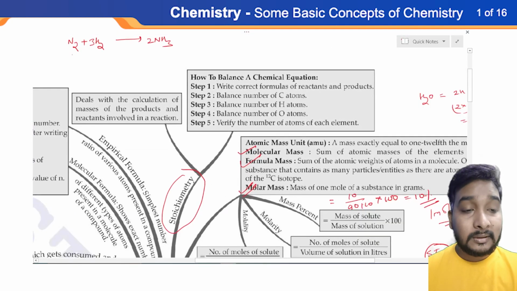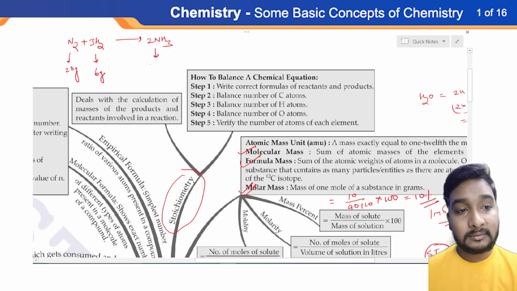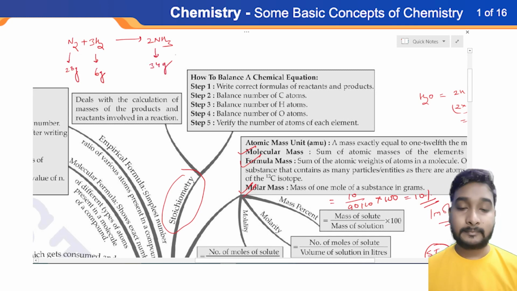If we want to perform stoichiometry, I have to write the molecular mass of each molecule in this reaction. So the molecular mass of nitrogen is 28 gram, molecular mass of 3H2 is 6 gram, and molecular mass of ammonia is 34 gram.